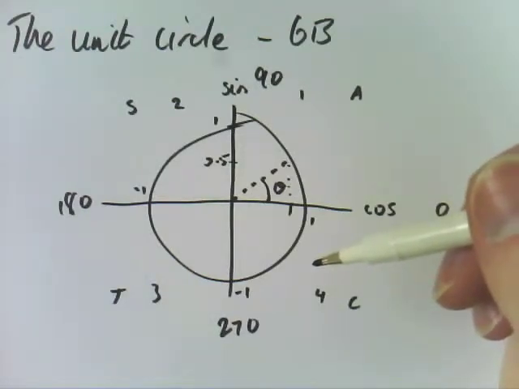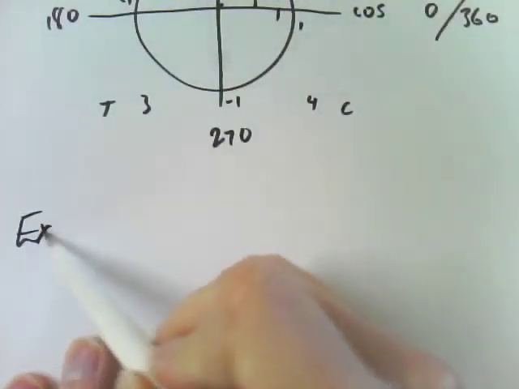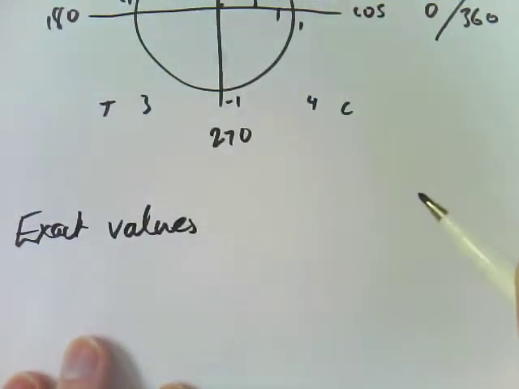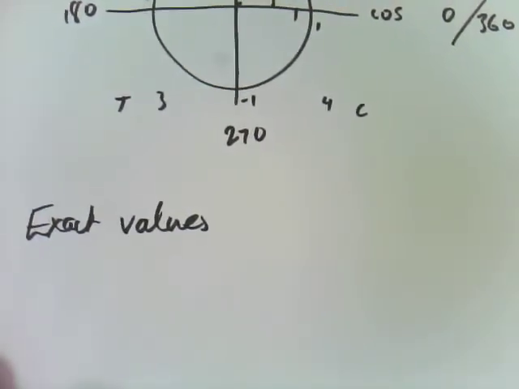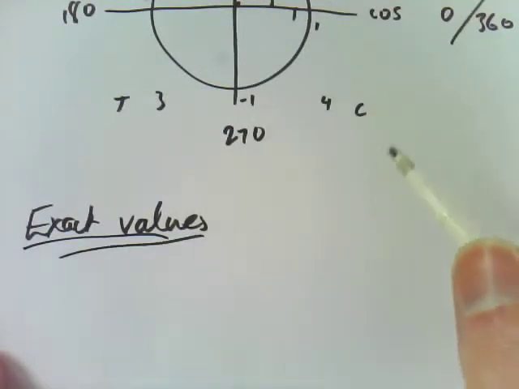It does ask you in this chapter about exact values, and I'm not 100% sure, I haven't chased this up yet, whether you get these exact values given to you in your exams next year. I will probably give them to you this year, or whether you need to have them in your summary book.